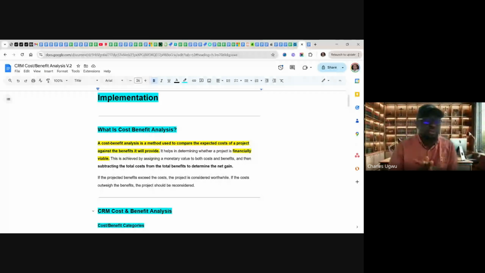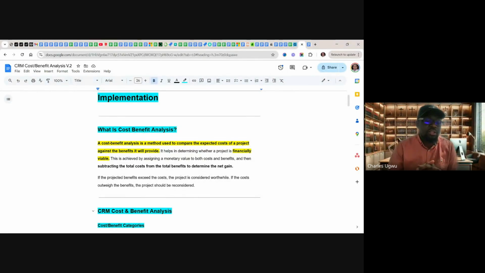A very brief definition. A cost benefit analysis is a method used to compare the expected cost of a project against the benefits it will provide. It helps determine whether a project is financially viable. This is achieved by assigning a monetary value to both cost and benefit, and then subtracting the total cost from the total benefit to determine the net gain.